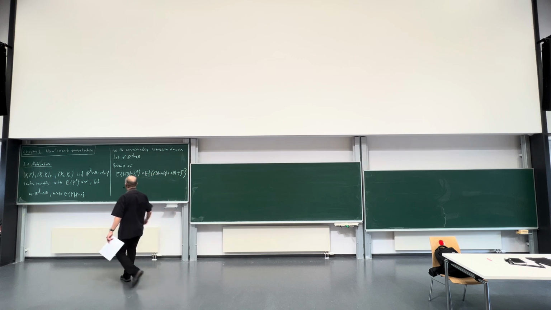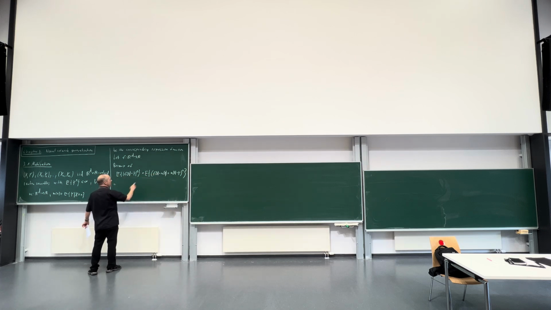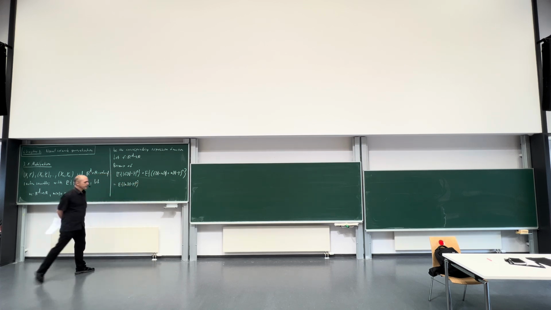The first term I write is the second squared, it's the expectation of (m(X) minus Y) squared. Then the second term I write is the first squared, the expectation of (f(X) minus m(X)) squared.